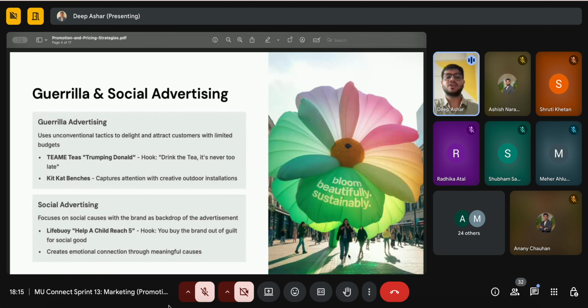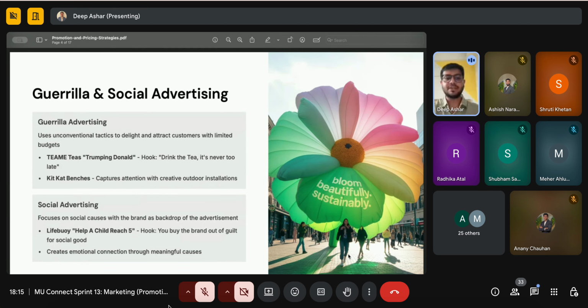The second kind is social advertising. Usually in social advertising, the brand communicates a social issue associated with the consumers they serve, but they do not directly put in their logos or say that it is from Lifebuoy.